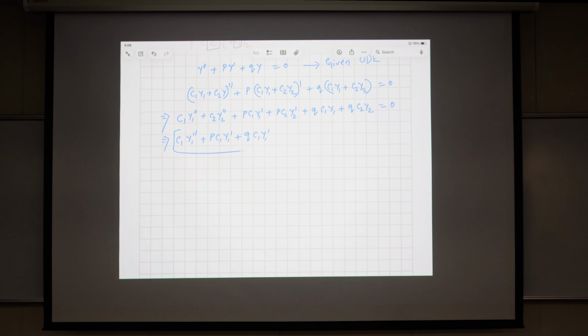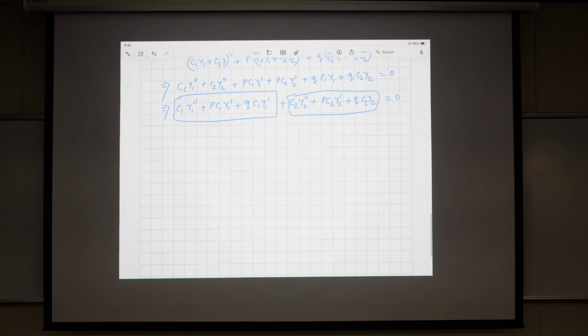So this is my first part, plus C2 times (y2 double dash plus P y2 dash plus Q y2) is equal to 0. So this is my second part.